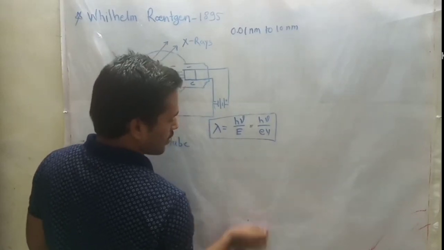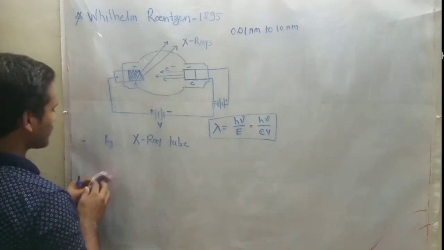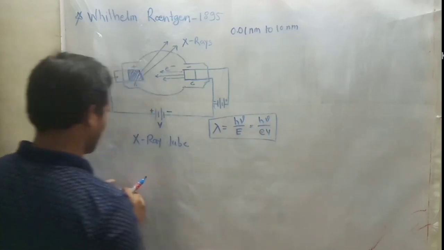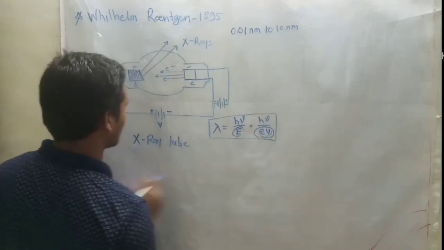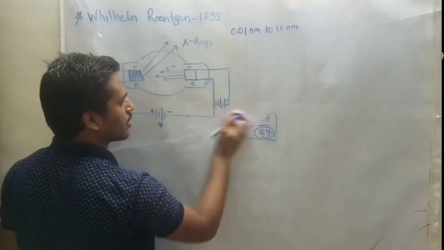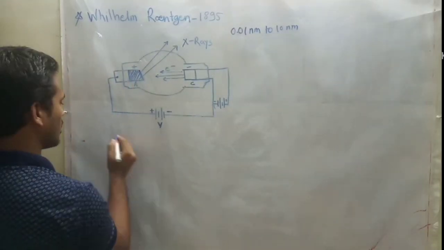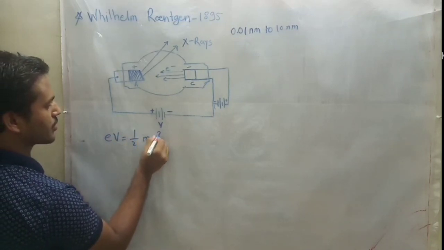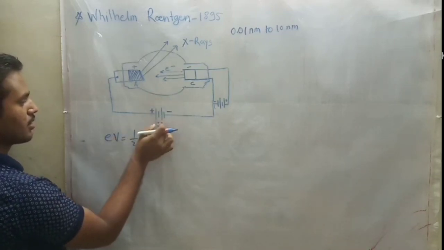The wavelength of these X-rays can be determined by using this formula, and energy equals eV, where V is the applied potential and e is the electronic charge. Electron volt is the kinetic energy, 1/2 mv square, of this electron.